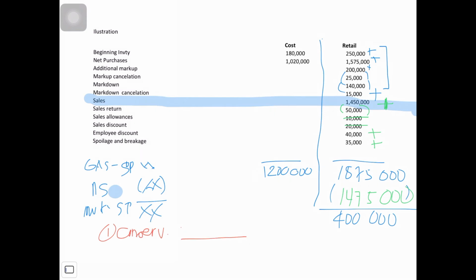Cost ratio is equal to goods available for sale at cost over goods available for sale at selling price. So, for conservative, how much is the goods available for sale at cost? Then we divide it by the retail.